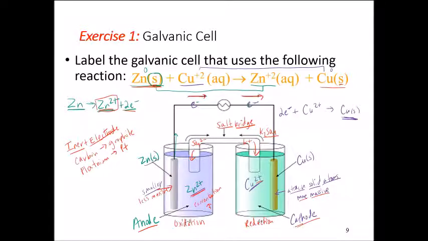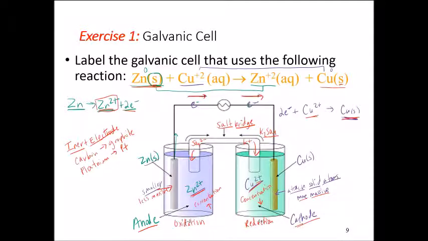And then the opposite is true over here on the reduction side. Since you're removing the copper 2, like it's part of the reactants to form the solid, the concentration of the copper 2 is actually going to decrease on this side. It's going to go down.